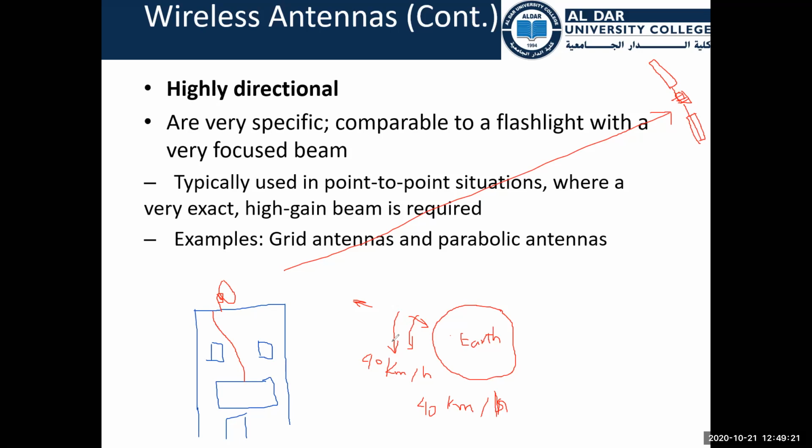Because they are moving at the same speed, the relative speed between them is zero. So it seems like the satellite is rotating around Earth, but it's fixed because it is rotating with the same speed as Earth.